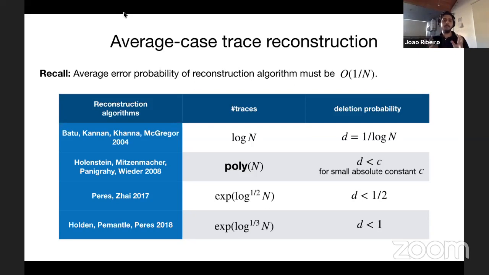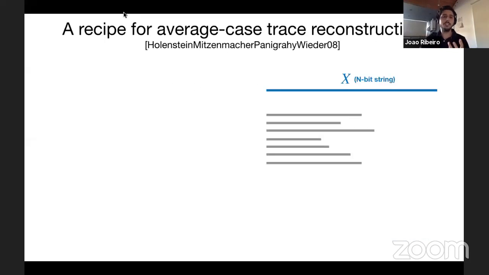There are three main works which share a very high-level recipe for this average case reconstruction. I'm going to present this high-level recipe, but I'm going to focus on the work of Wallenstein et al. Also because this is going to show up again later on when we talk about coded trace reconstruction.